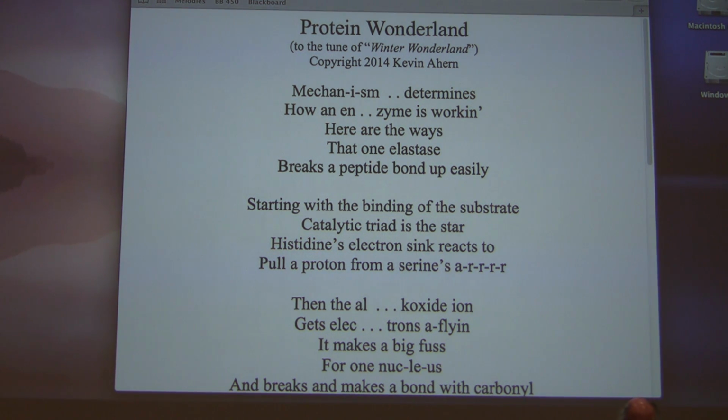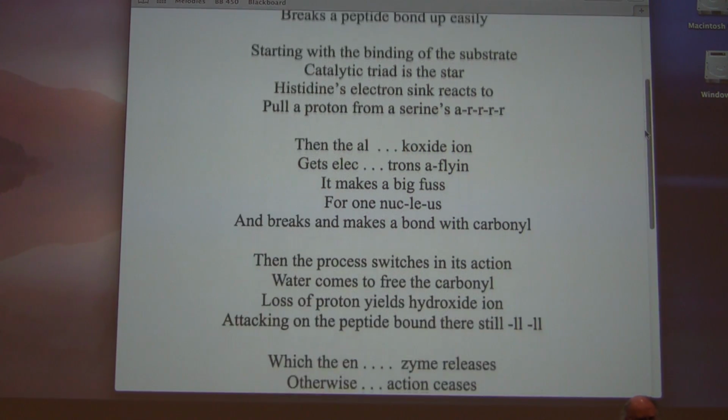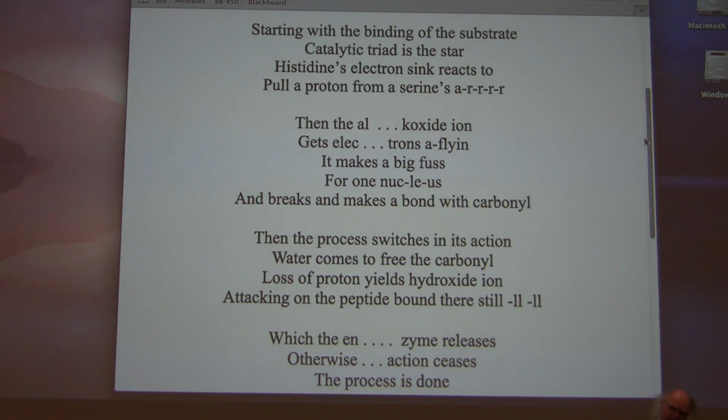Mechanism determines how an enzyme is working. Here are the ways that one elastase breaks a peptide bond up easily. Starting with the binding of the substrate, catalytic triad is the star. Histidine's electron sink reacts to pull a proton from the serine's R. Then the alkoxide ion gets electrons a-flying.